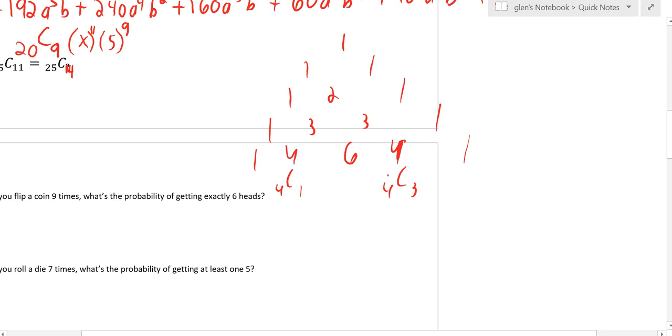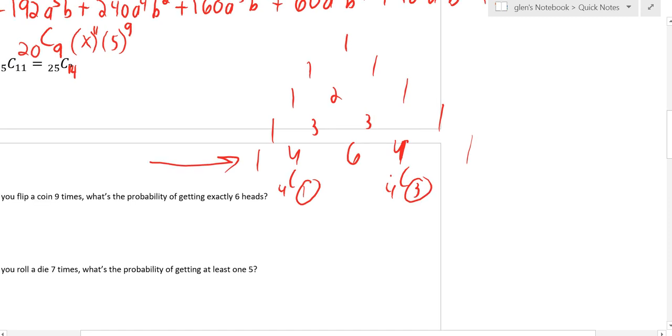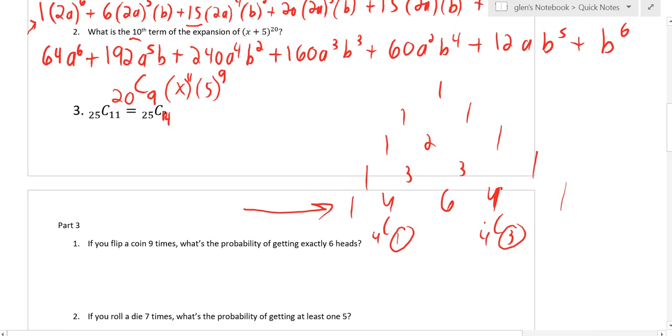Okay? They always repeat. So as long as you're the same distance away from the ends, you're going to get the same number on that row. And to guarantee you're the same distance, this number here and this number here have to add up to whatever row you're on, which is the 4th row in this case. So if you want 25 choose 11 to equal something, that's the 11th one, then you got to be 11 away from the other side, but just make it add up to 25, 14.